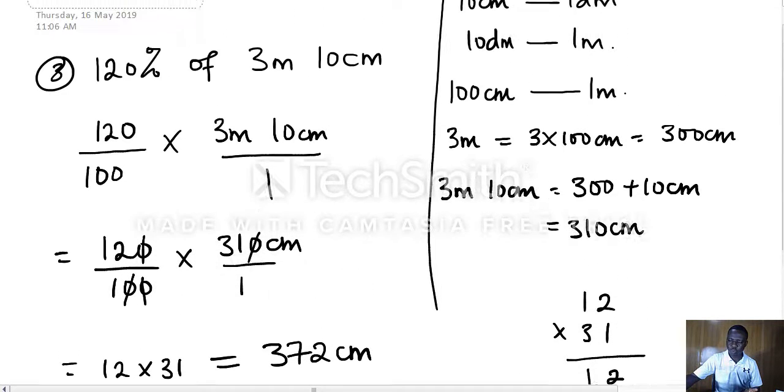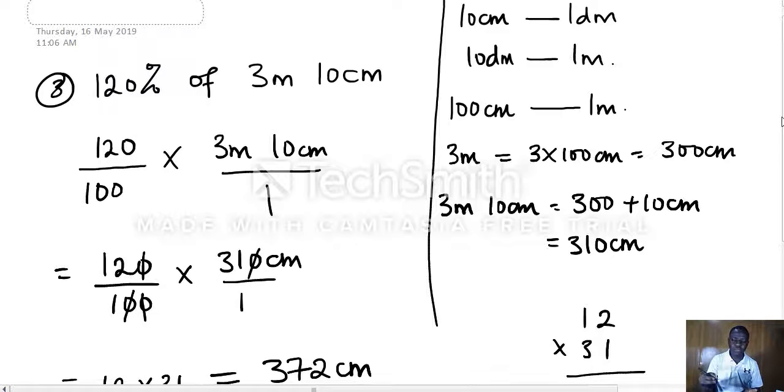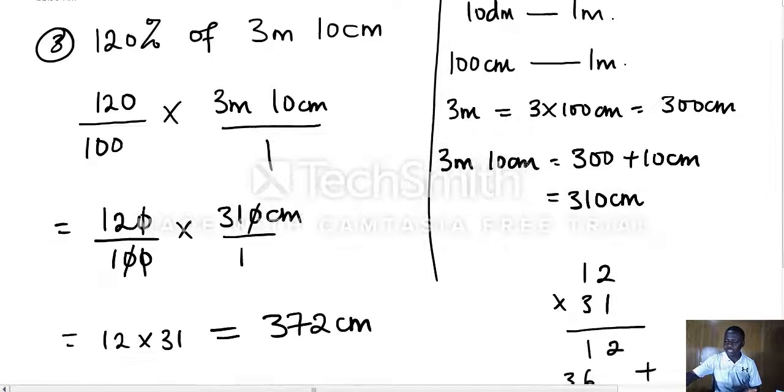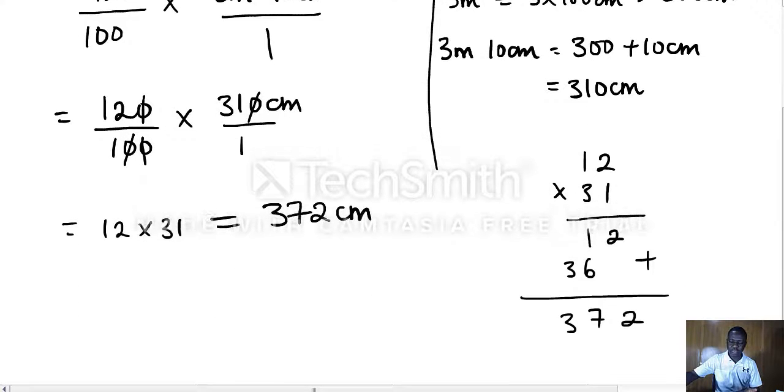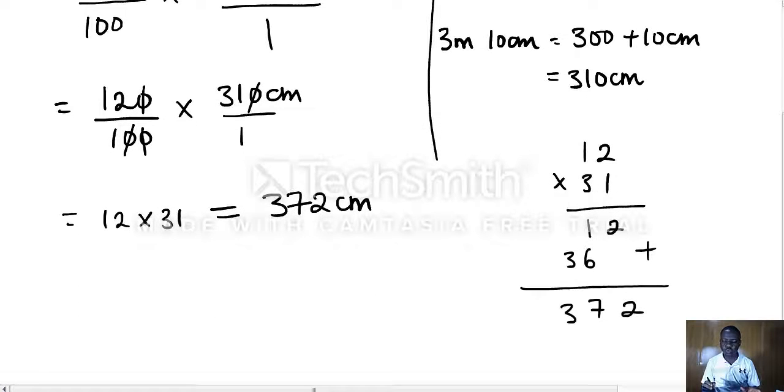So this is equal to 372 centimeters. So 120% of 3 meters 10 centimeters is equivalent to 372 centimeters, or you can still convert it to meters and centimeters as we did in the previous example.